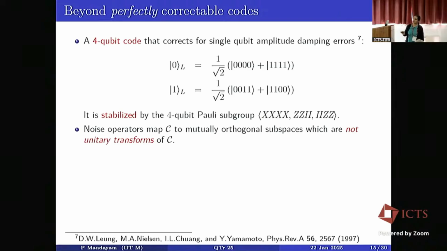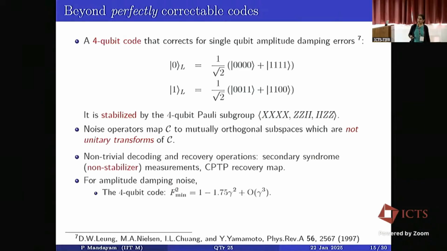In particular, although I have identified a set of stabilizers here, it turns out that just measuring this set of stabilizers is not enough to decode for the amplitude damping noise on this code. In fact, I have to measure additional so-called secondary syndromes which actually do not commute with the stabilizer generators.